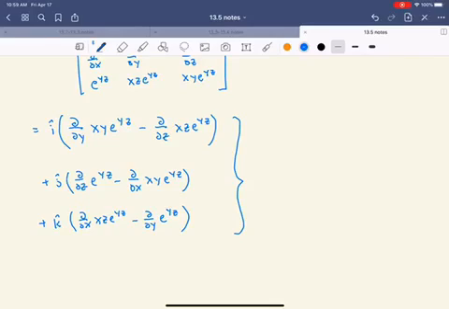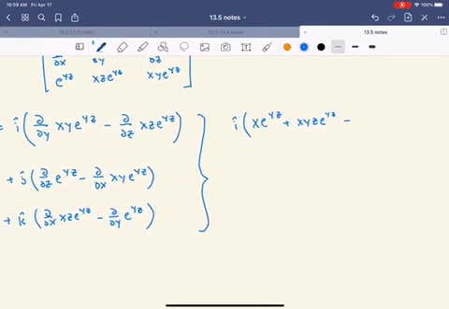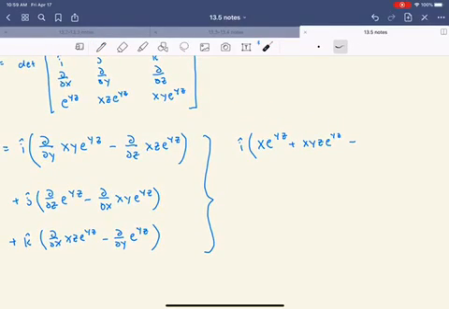So here, in our i hat, we're going to have partial with respect to y of that first piece. So that's going to be x e to the yz plus xyz e to the yz. That's the partial with respect to y of xy e to the yz, using the product rule.